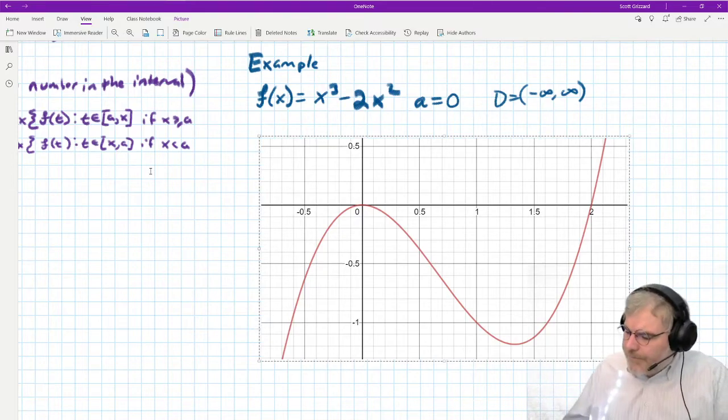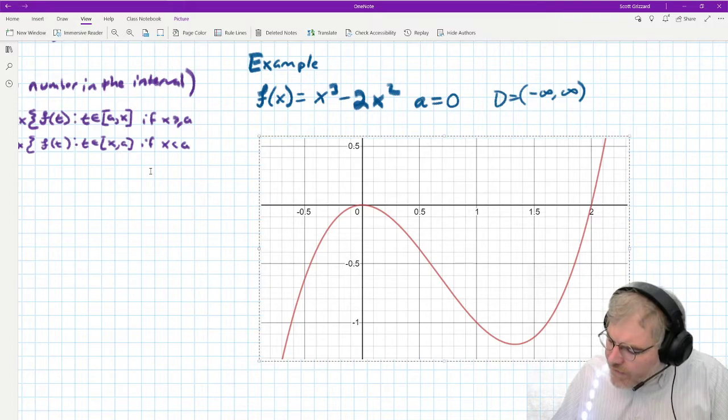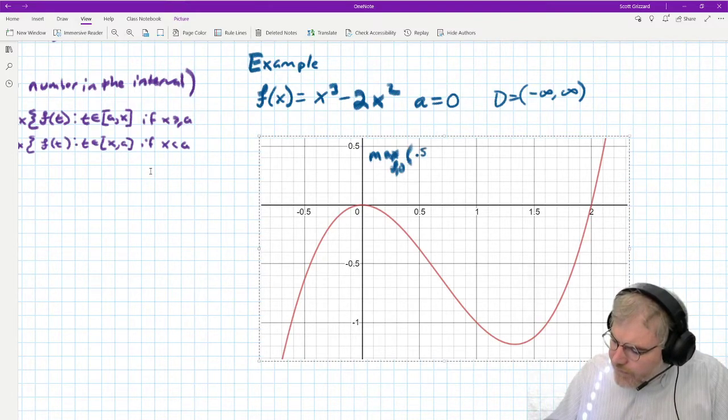All right, now, question. If a equals 0, what is max f, 0, of 0.5?